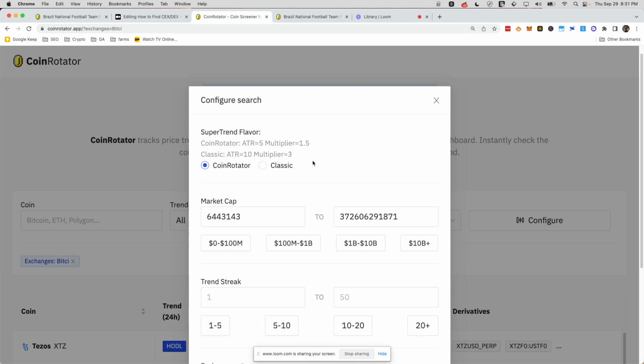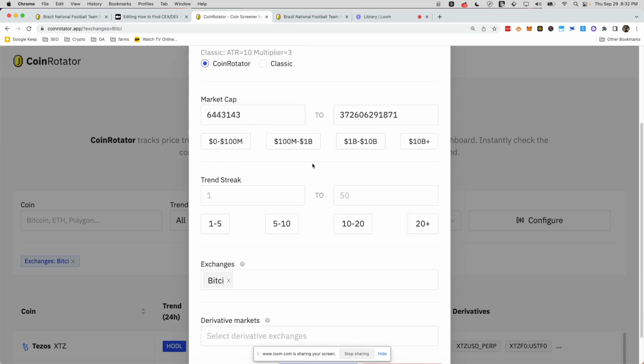So a coin that's been sitting in a sell state, when it flips over to a buy state or an uptrend, more specifically, CoinRotator will signal that. So you can sort the coins through market cap, how fresh the trend is.